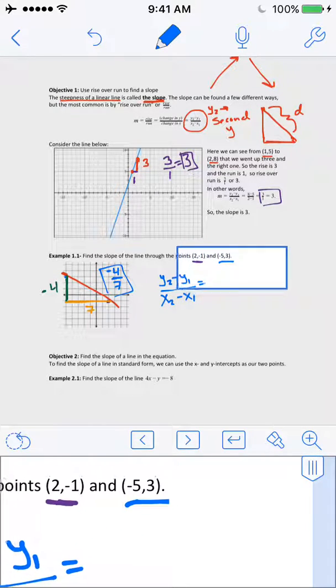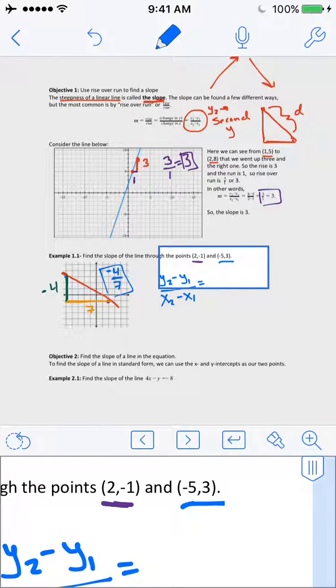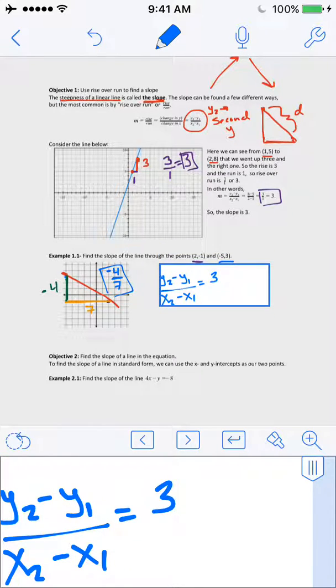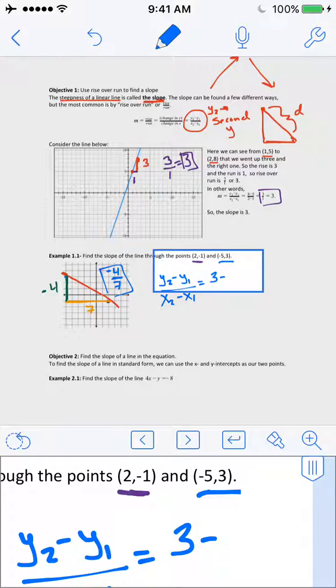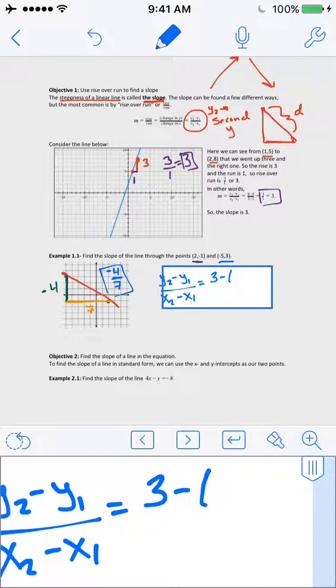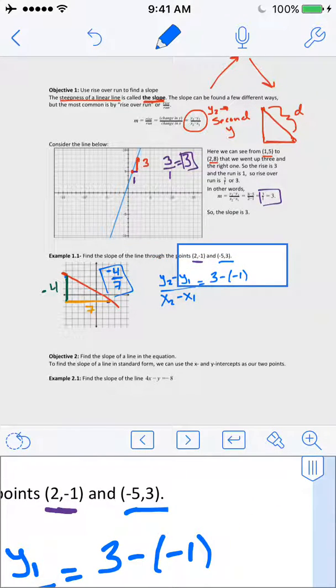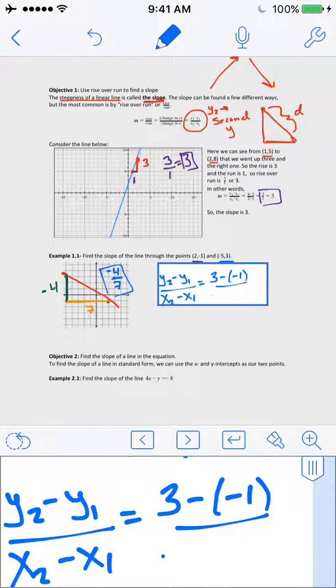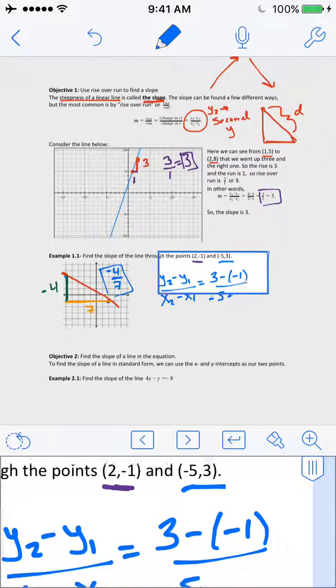Well, that means our second y, right? Our second y. So that would be 3 minus, what's our first y? -1, over our first x, or I'm sorry, our second x, -5, minus our first x, which is 2.